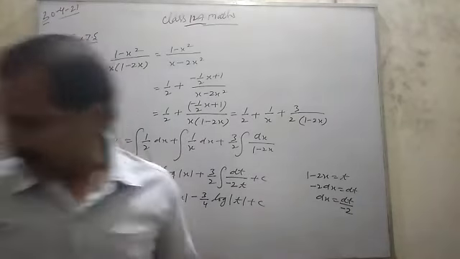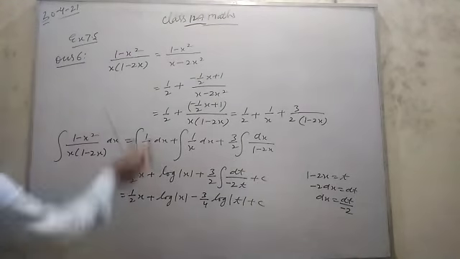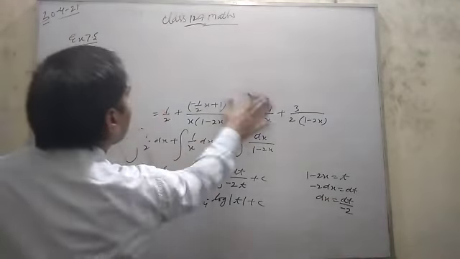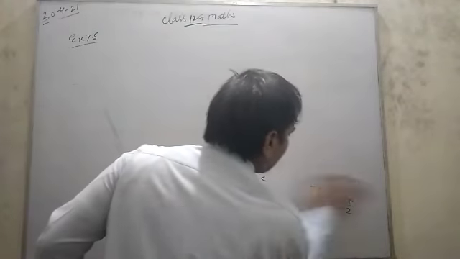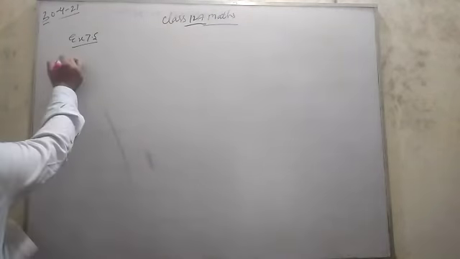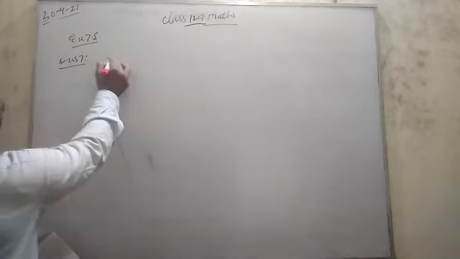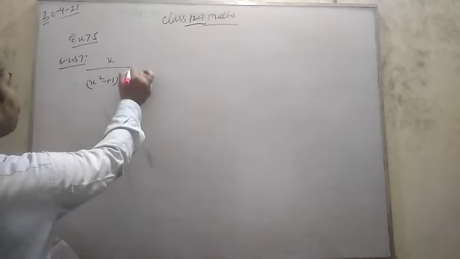Then question number 7. x upon (x square plus 1)(x minus 1).